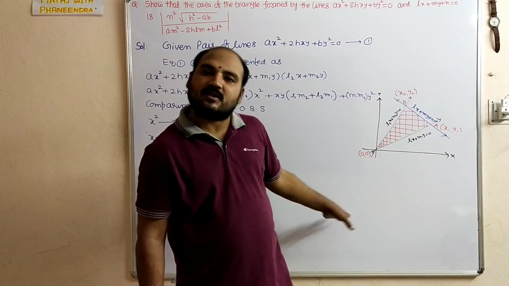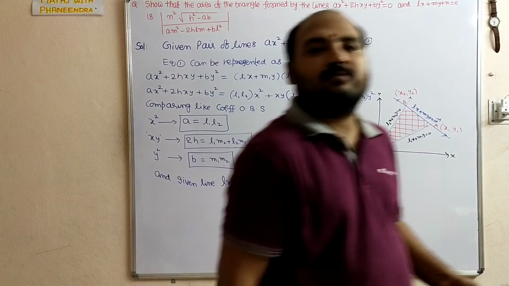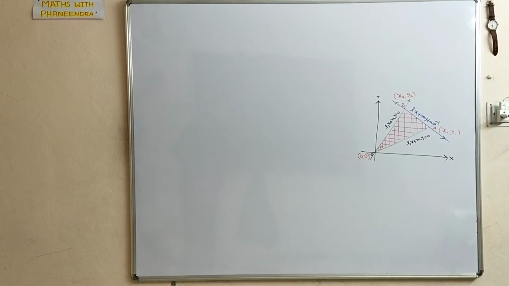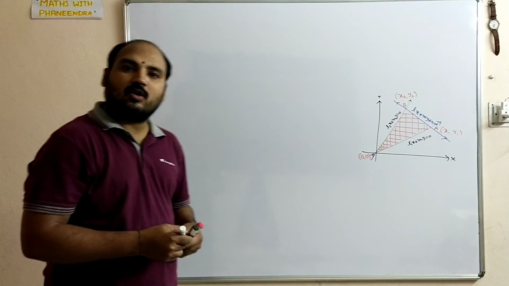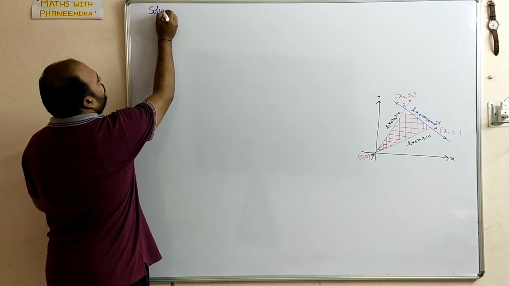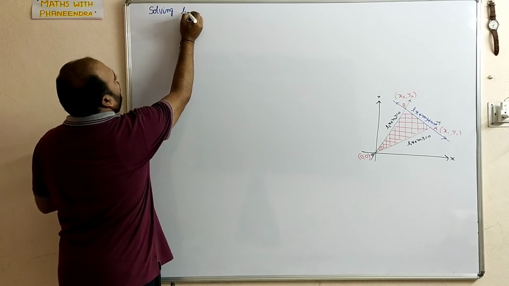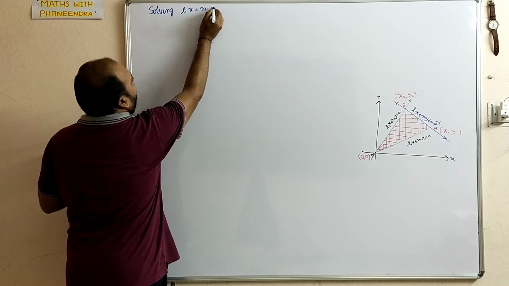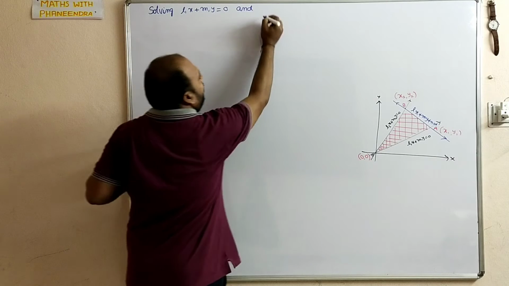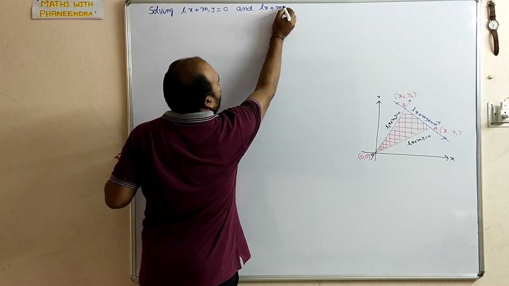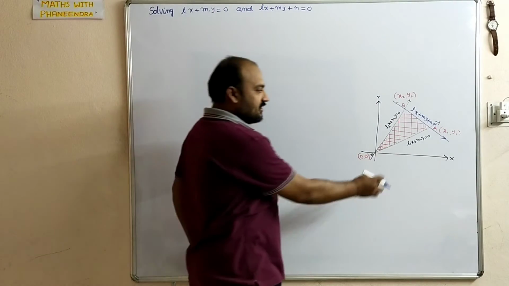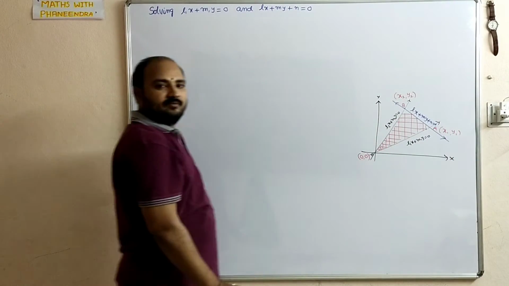Now solving equations L1x plus M1y equal to 0 and Lx plus My plus n equal to 0. The point of intersection of these two we have taken as x1, y1.